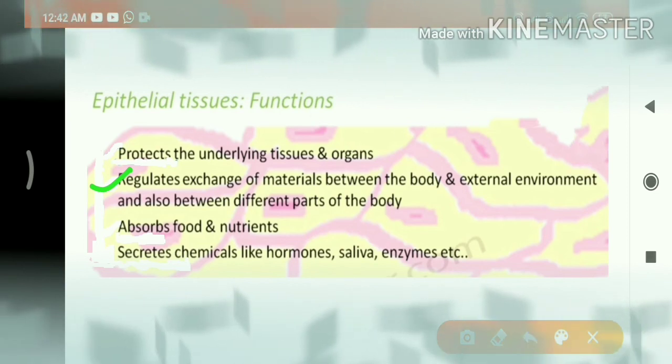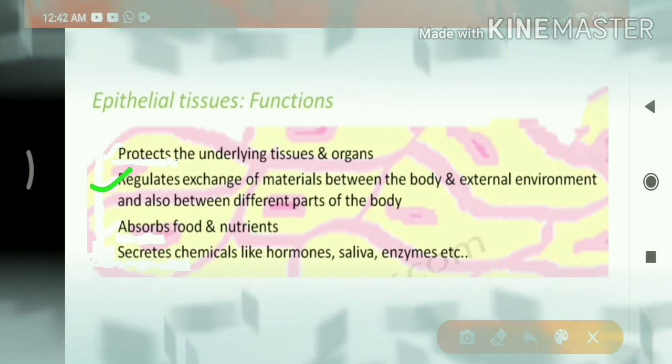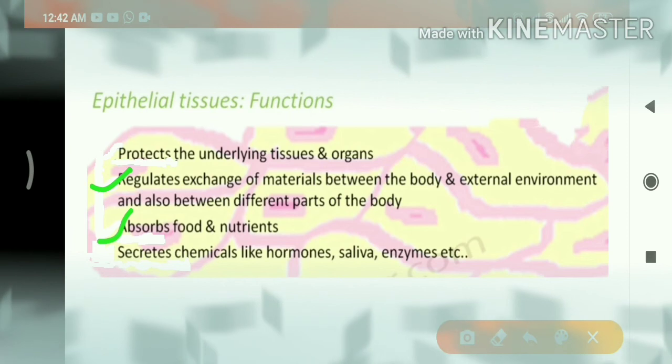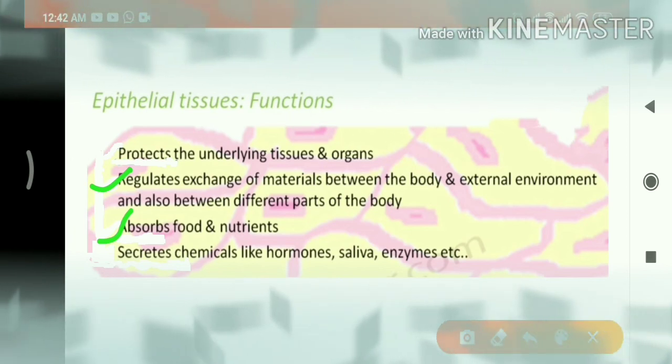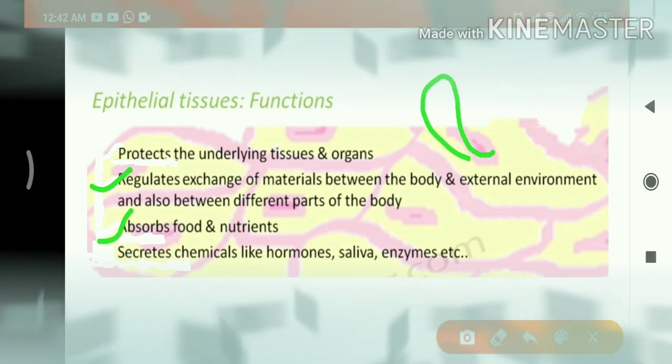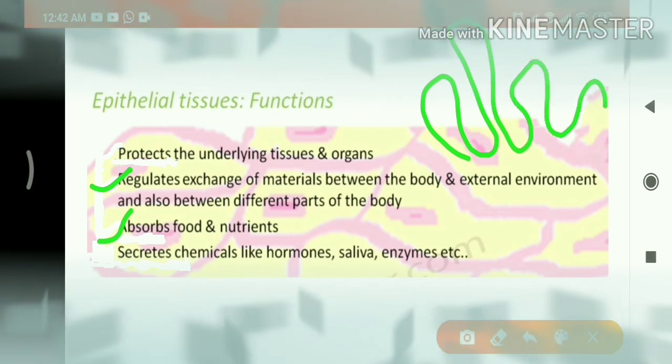It regulates the exchange of material in the body. Which type of exchange of material? Blood is the transport of different minerals. In the blood lining, to different cells, there is a requirement for exchange of material, and that is also regulated with the help of these epithelial tissues.